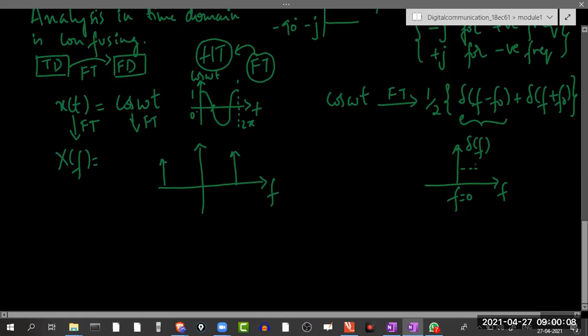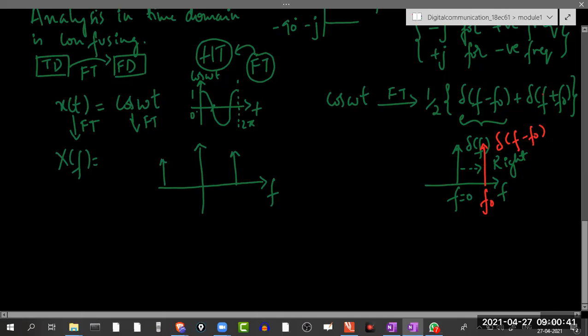So it can be thought of as a right shifted, right side translated impulse function at some other frequency f naught, something like this. So this one, which I'm trying to represent in red color, is the same impulse function, but the only thing is it's right shifted.